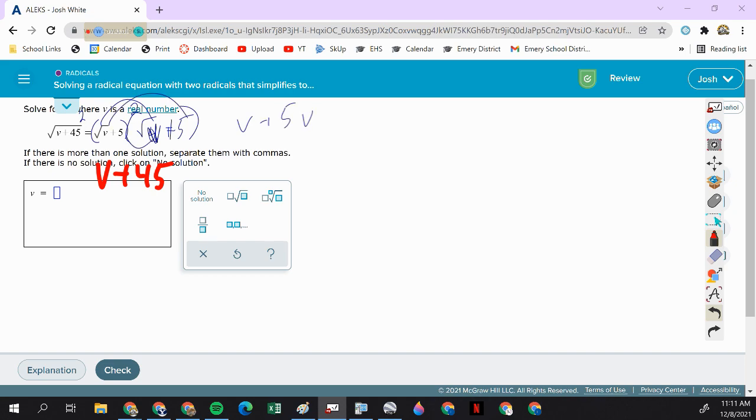That is also 5v. And that is 25. Oh, 5 root v, sorry. Okay. So simplifying that, I get v plus 10 root v plus 25.